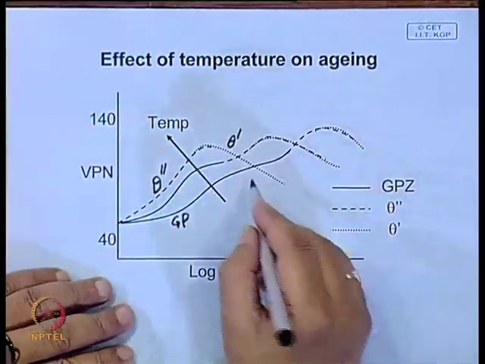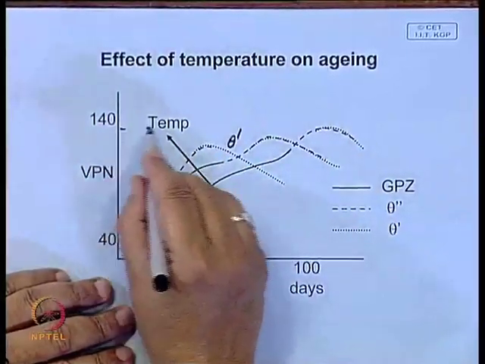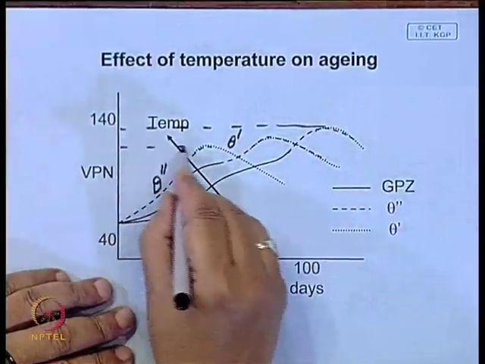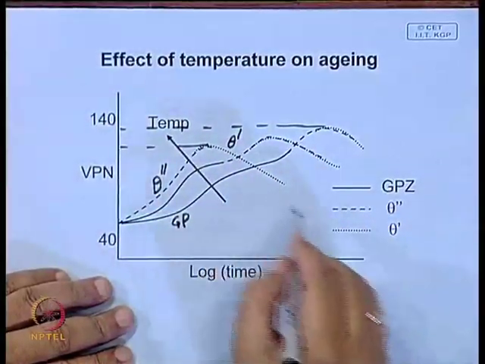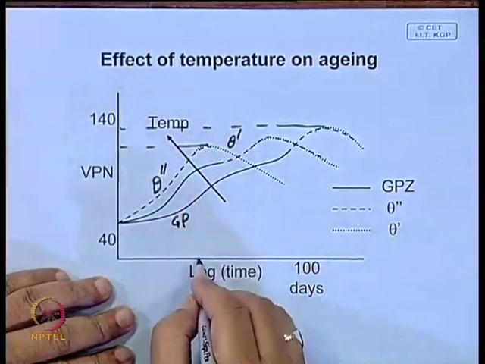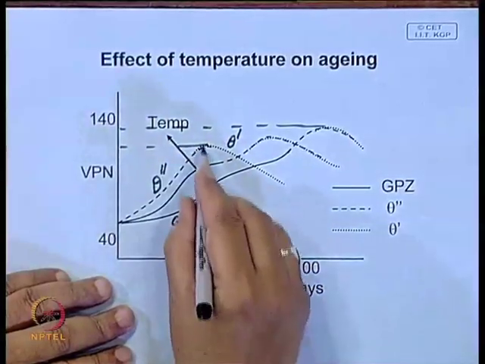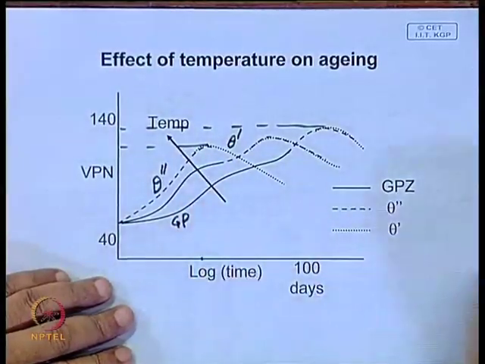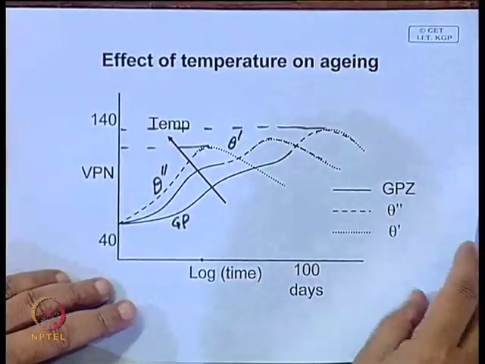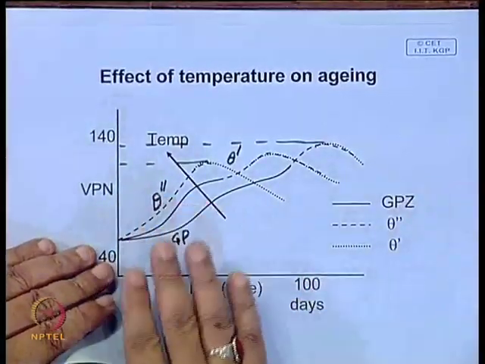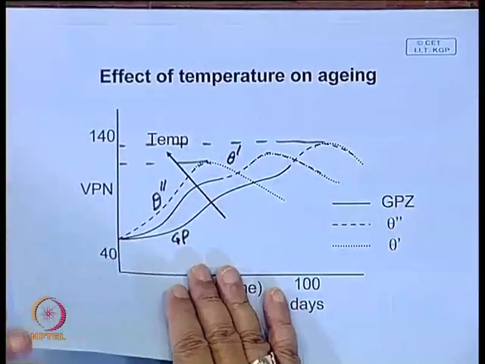And you will also see that the higher the temperature, the peak of hardness comes down, and it is attained in a shorter time. That means the process of precipitation is faster. So, here it will be difficult to control the precipitation process. Therefore, to get a good amount of strength, a lower aging temperature is preferable.